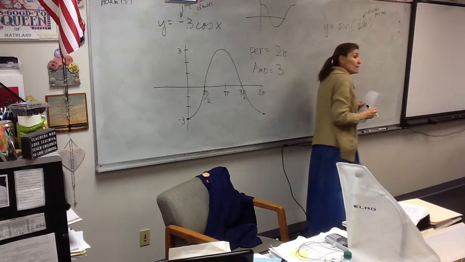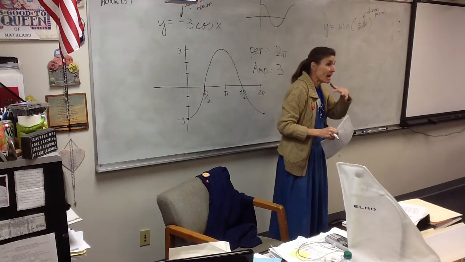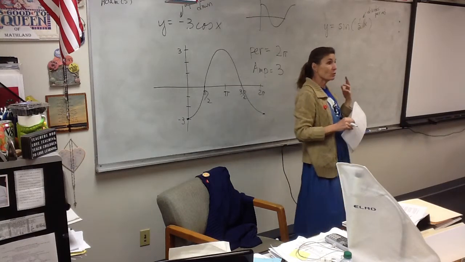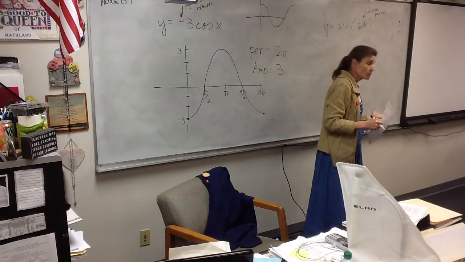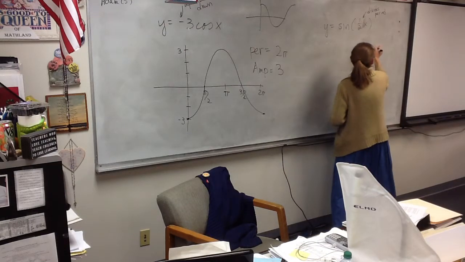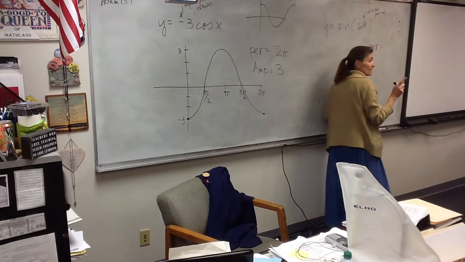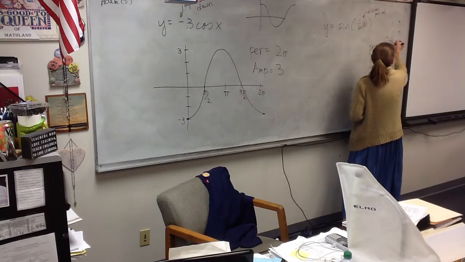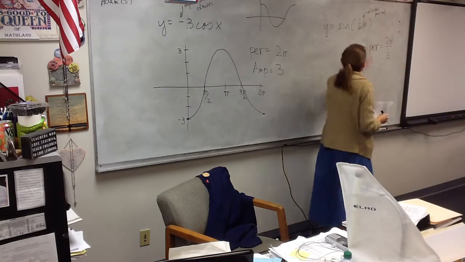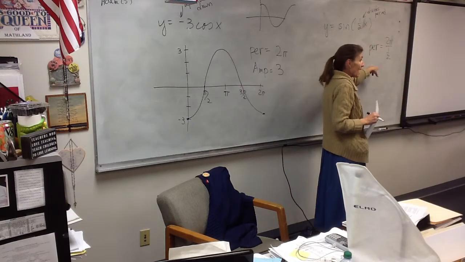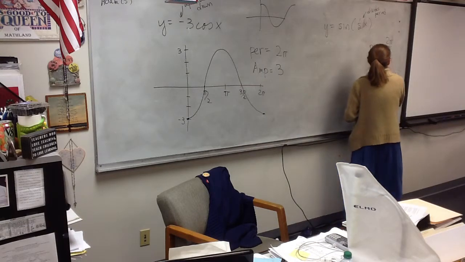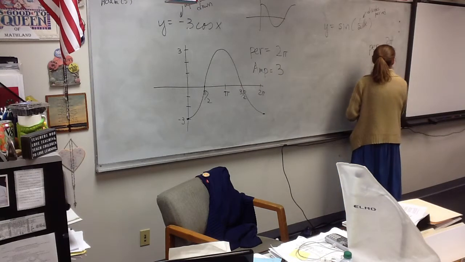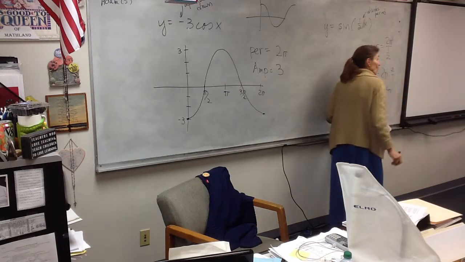So if we are dividing by a half, we're actually going to multiply by 2. In other words, your normal period is 2 pi. We're dividing it by a half, which is 2 pi times 2, or 4 pi.